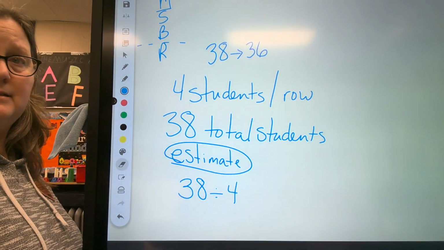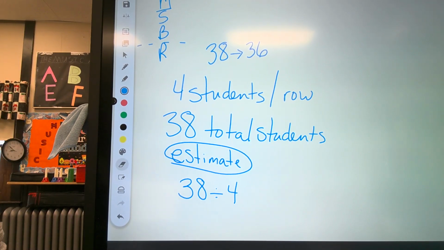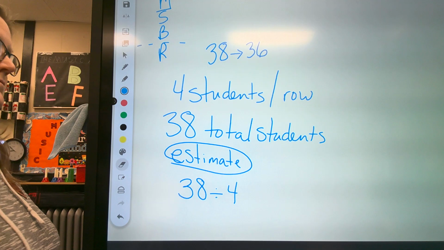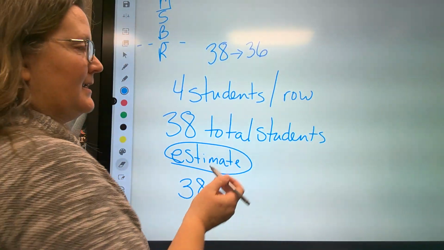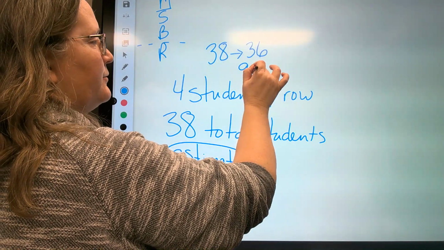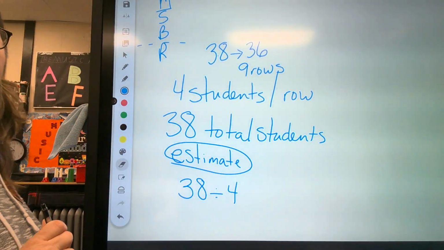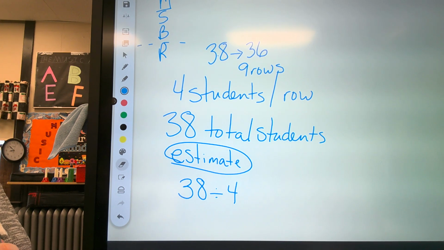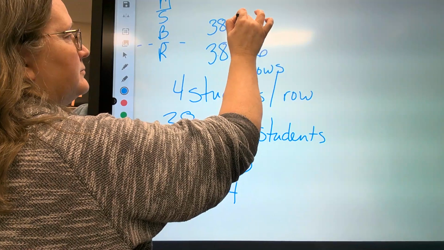If that's the case, 4 goes into 36 how many times? 9. So there might be 9 rows filled. What's another number close to 38 that 4 goes into? 40.